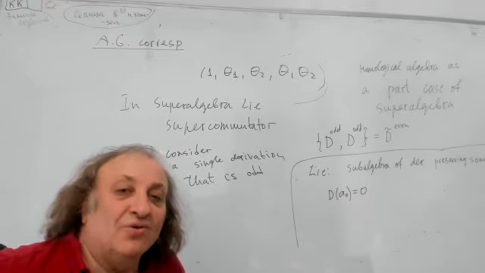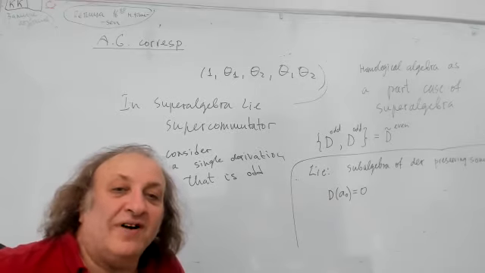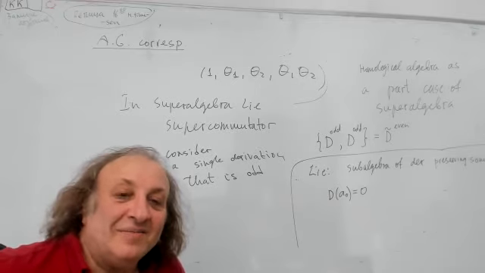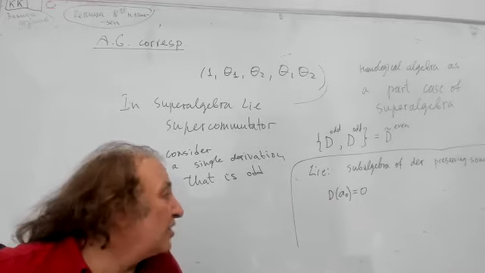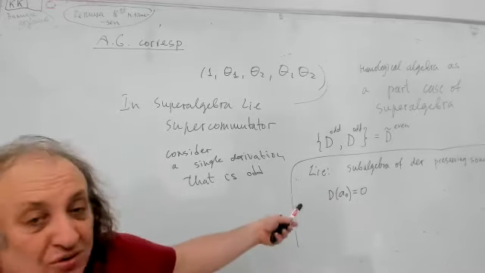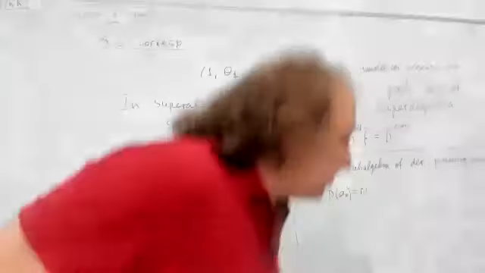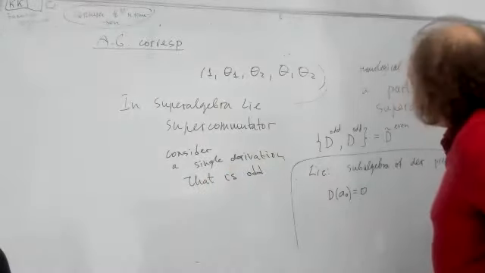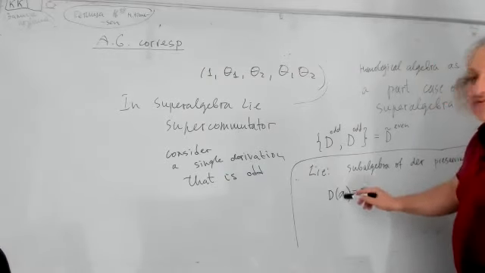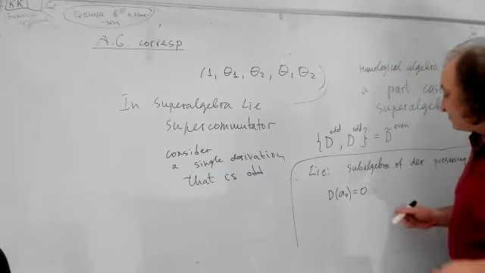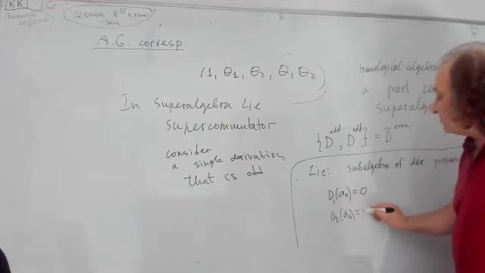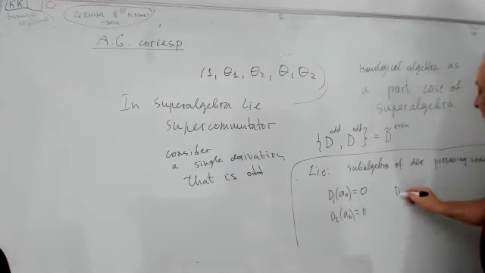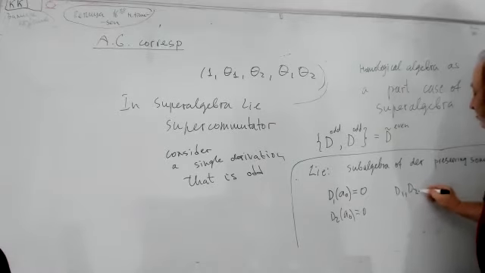Okay, so for advanced group of the audience, you may think, what does it mean? What I would like to mention is that if D preserves A naught, then the commutator also preserves A naught.